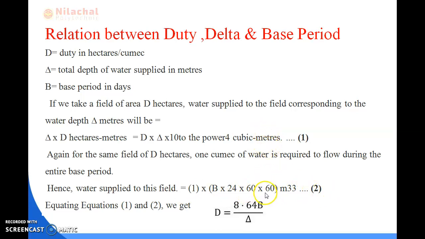From both equations 1 and 2, if we simplify, we get duty equals 8.64 B by delta. It is the formula we have to remember, and from this formula we mainly get the questions in the semester exams. So all of you remember this: duty equals 8.64 into B, the base period, by delta.